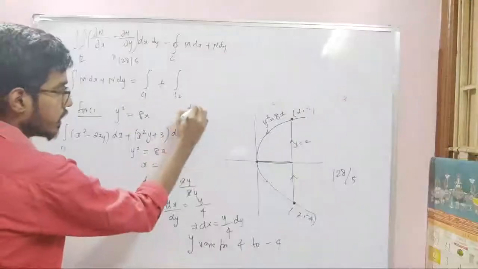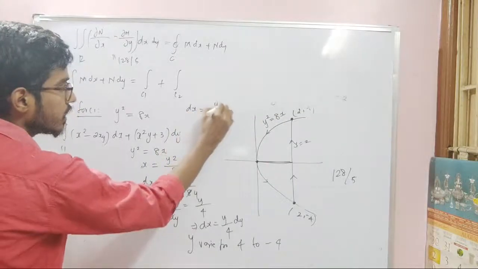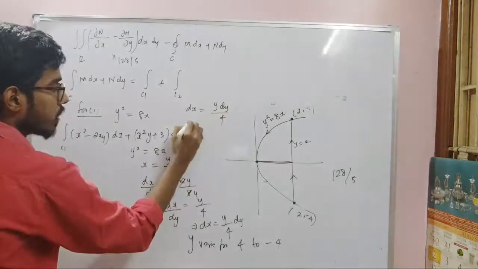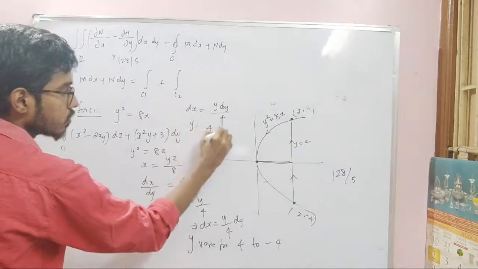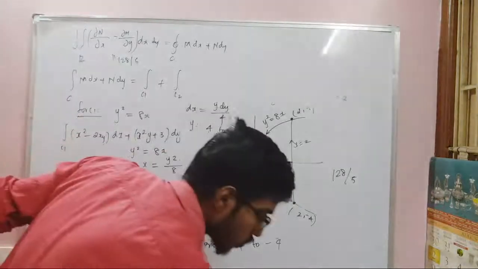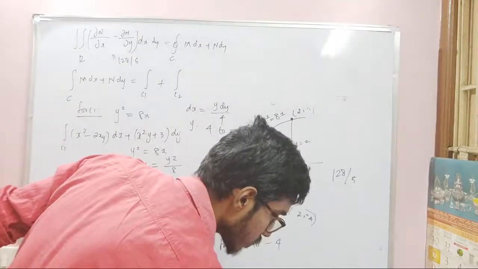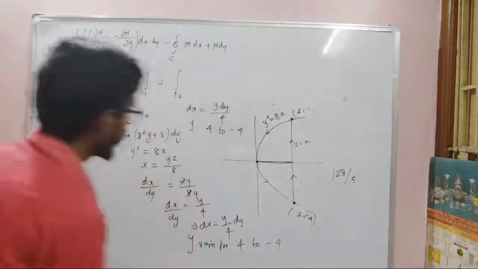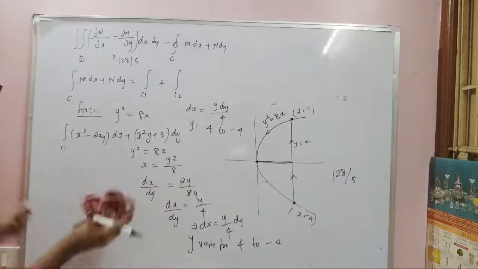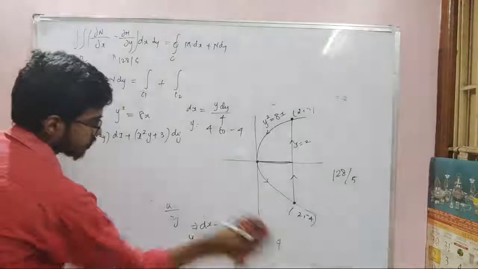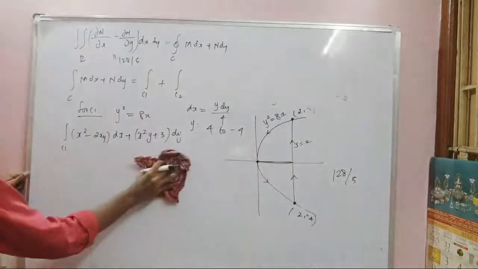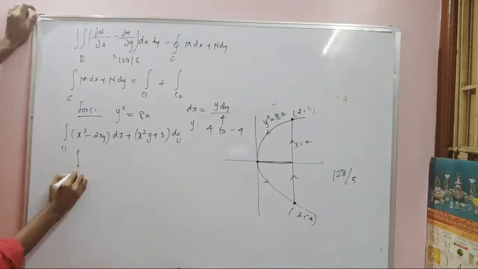Our dx is y dy by 4 and y varies from 4 to minus 4. Now we will erase this off. So this will be an integral and y varies from 4 to minus 4.